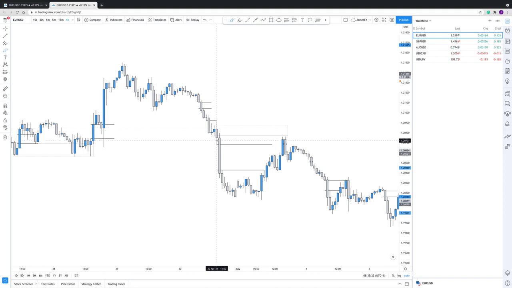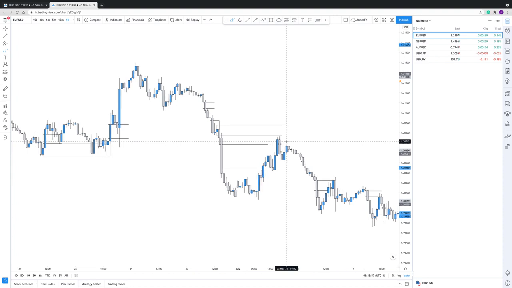Now what we can do is use the imbalance from here to here as more of a confluence. So if we were to push down, come back up and rebalance this move, but fall short of this order block, as you can see we did before we put in a new low, then we can still enter on our lower time frame breaks in structure, because price is now efficient. Even though we just fell short of the order block, price is efficient as we have rebalanced this move. So we can still take advantage of this trade.